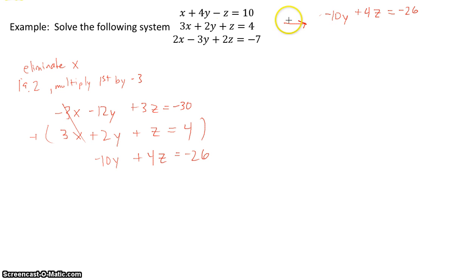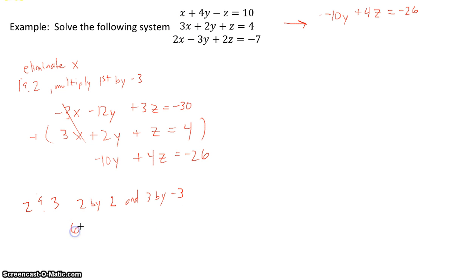So from this, I got to do the exact same thing with two other equations. Now I'm going to take 2 and 3. Notice that they don't match up, so I'm going to multiply 2 by 2 and 3 by -3. So I'm multiplying this first one by 2 and the second one by -3.